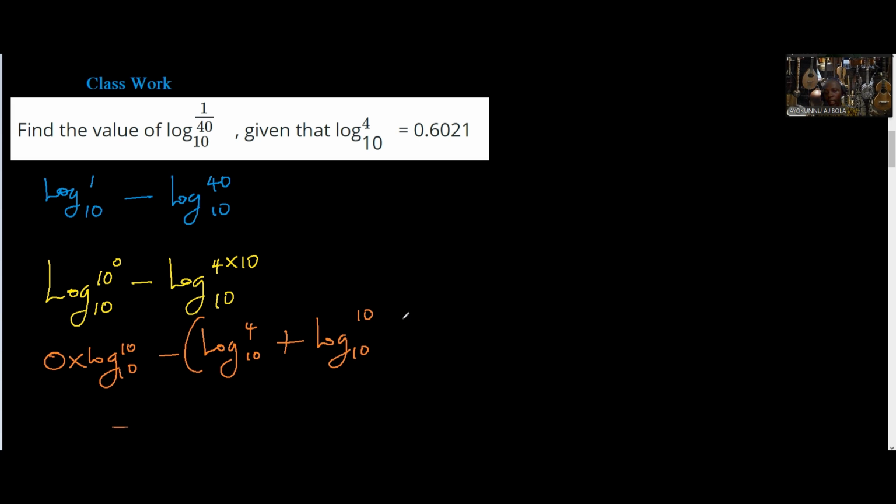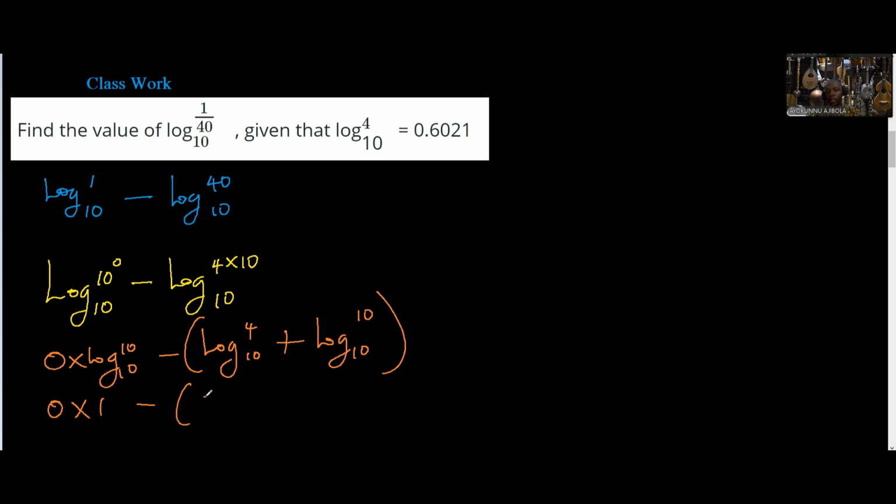I have to split the 4 and 10, okay? Yes, sir. So with this, I have 0, log of the same base is 1, but this is still going to give me 0. Then minus. This one is log 4 base 10.